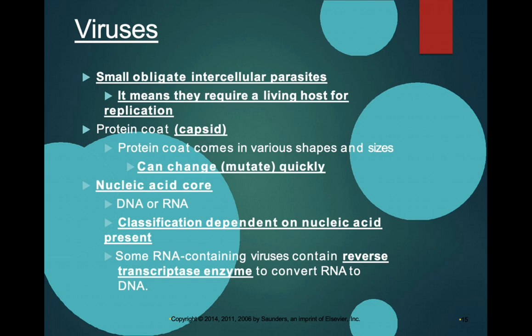That's important to know. It has a nucleic acid core, which could be either DNA or RNA. The classification is dependent on the nucleic acid, so it's either a DNA virus or an RNA virus. And some RNA-containing viruses contain reverse transcriptase enzyme that can convert RNA to DNA.